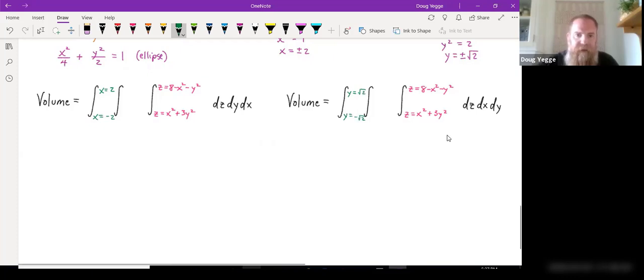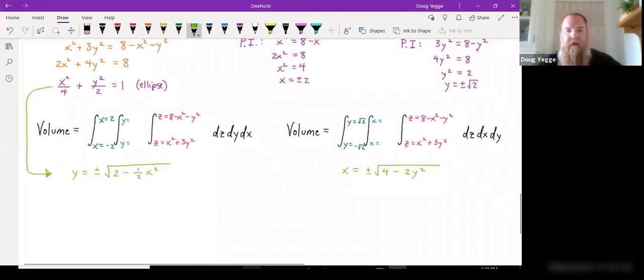And now the last thing I need to fill in is y equals something, which means over here we just need to fill in x equals something. But keep in mind that x is only able to be in terms of y. And likewise, y is only allowed to be in terms of x. It can only be in terms of the next variable in my integral.